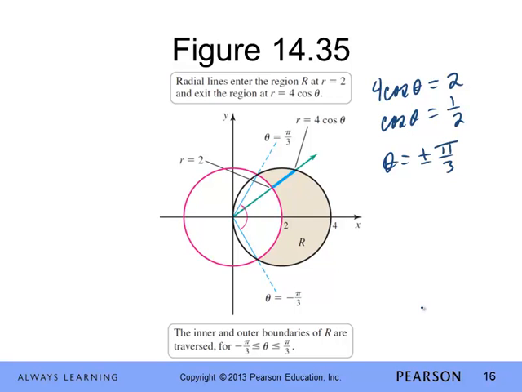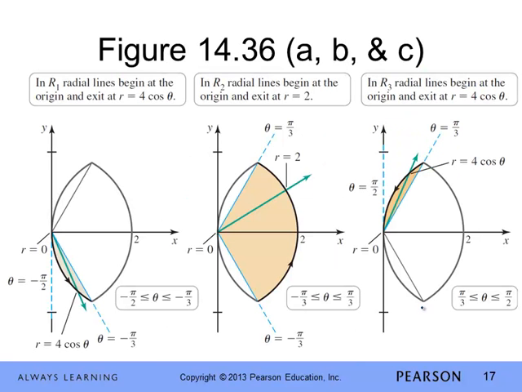Now this region right here, you're going to integrate from negative pi over 2 to negative pi over 3, from 0 to the black curve, which is 4 cosine theta. That's what they're talking about here, this little shaded region.